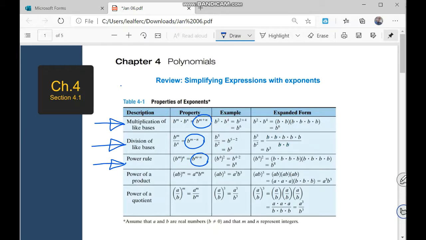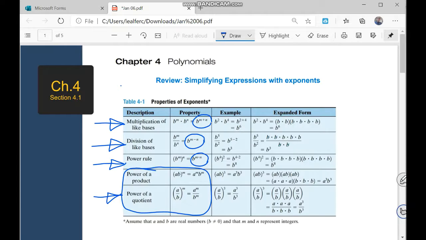And power of a product and power of a quotient is a property where we can distribute the exponent among the factors. It looks like the distributive property, but you distribute the exponent among the numerator, denominator, or factors in the multiplication.